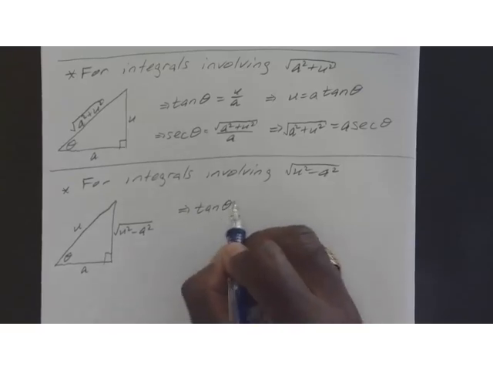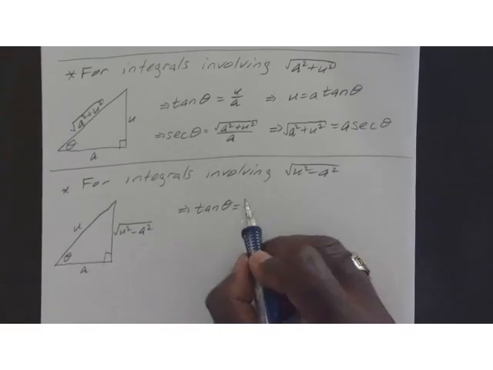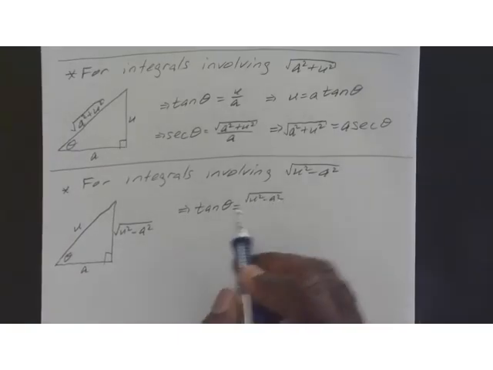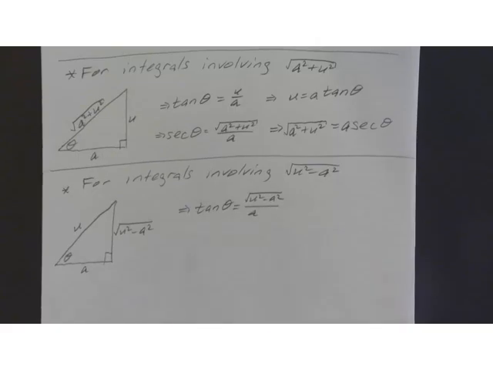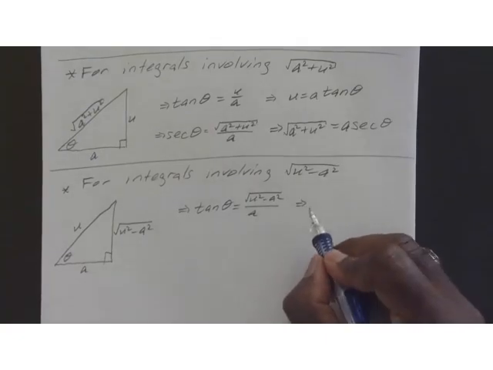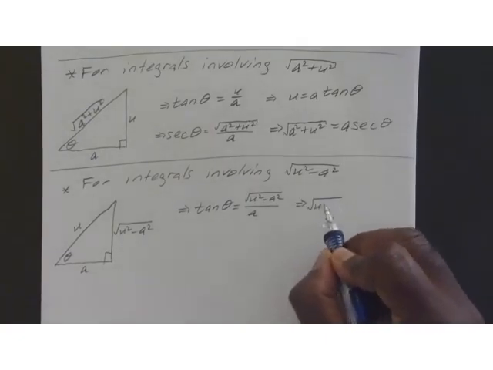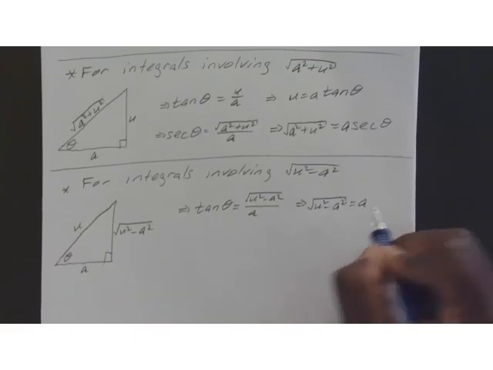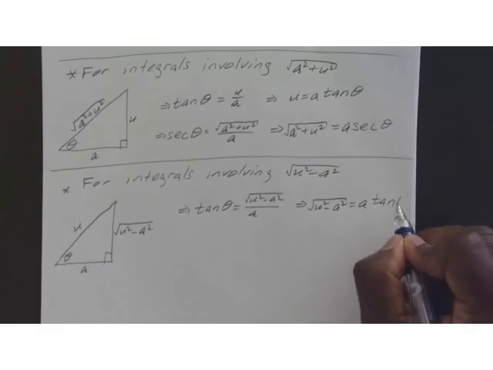So tangent of theta is equal to the square root of u squared minus a squared divided by a. Or if we multiply both sides by a, we have the square root of u squared minus a squared equal to a times tangent of theta.